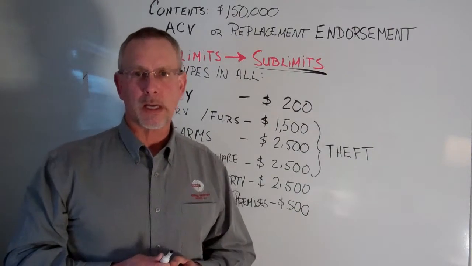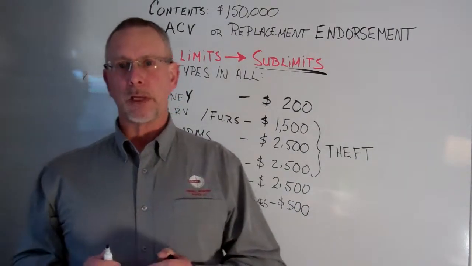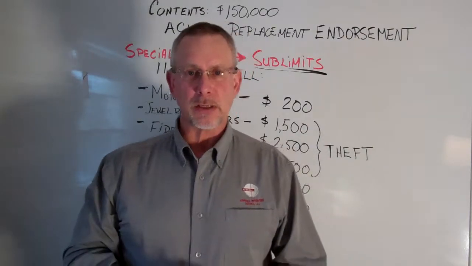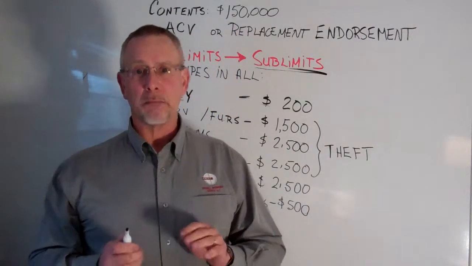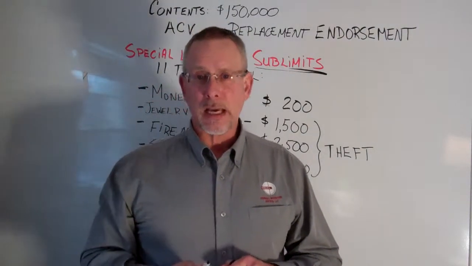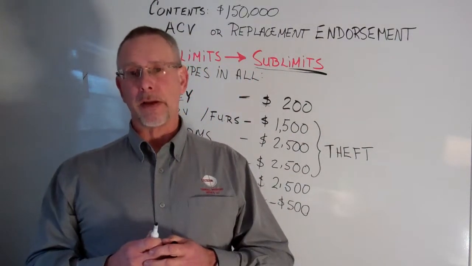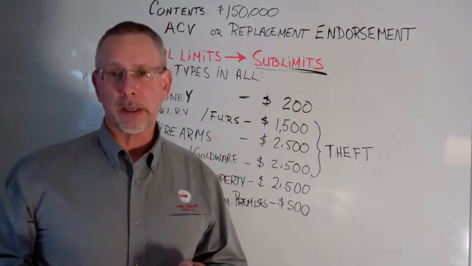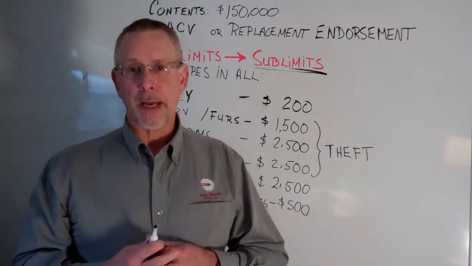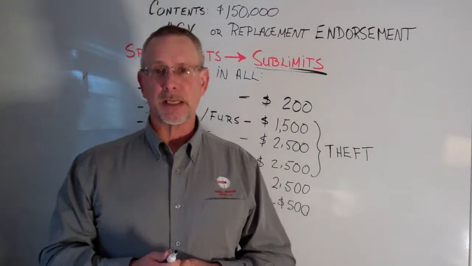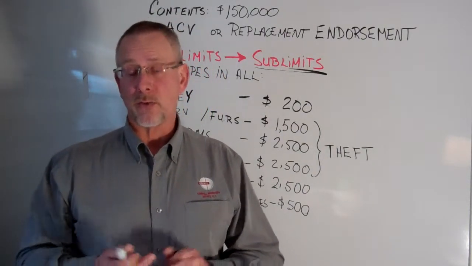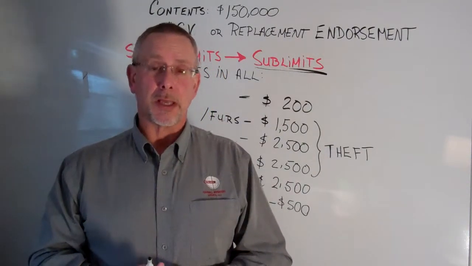Now, the reason why an insurance company places sublimits on certain possessions is two main basic reasons. These types of property can carry higher values than typical, and they fit in compact places, which makes them easy and attractive for burglars to break in and take.